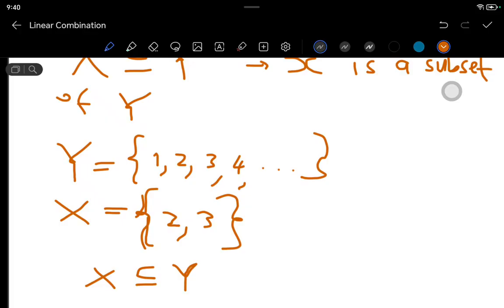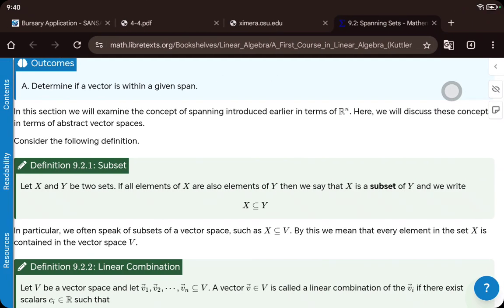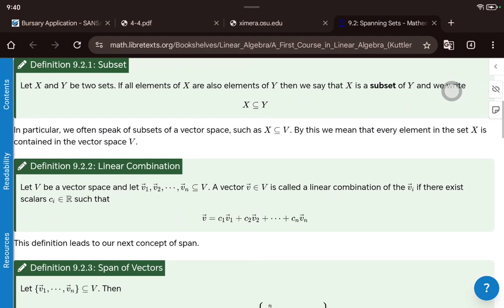Now for this, we can go back and look at the definition of a linear combination.